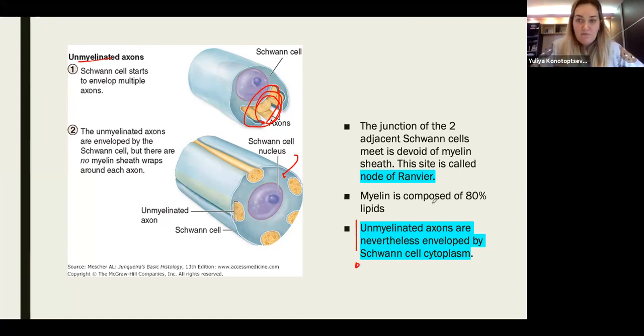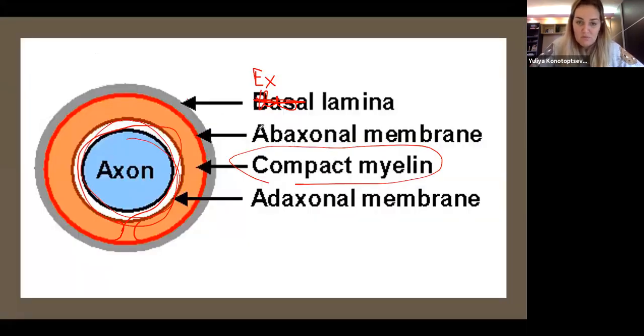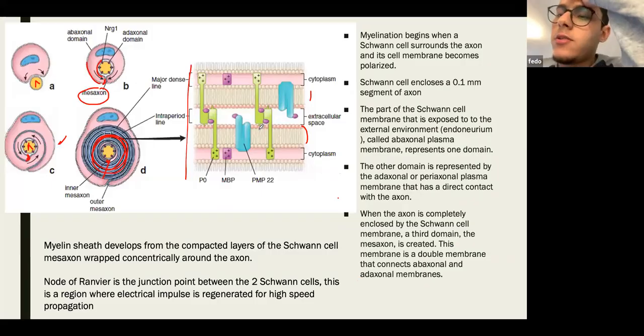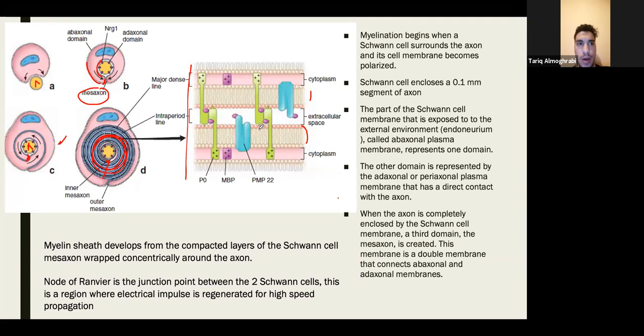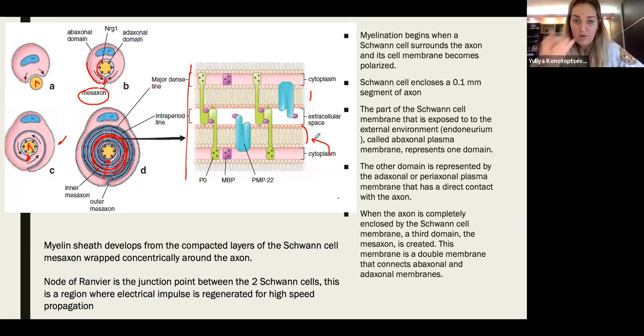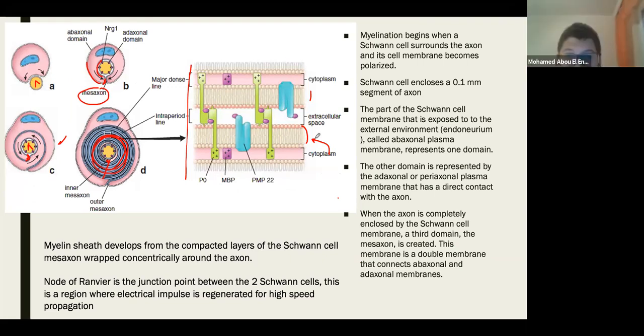The myelin sheath, 80% of it is lipids. A very stupid question: why? Why is the majority of the myelin sheath lipid? Because lipids are insulative, preventing leakage of the signals. But structure-wise, why is 80% of it lipid?